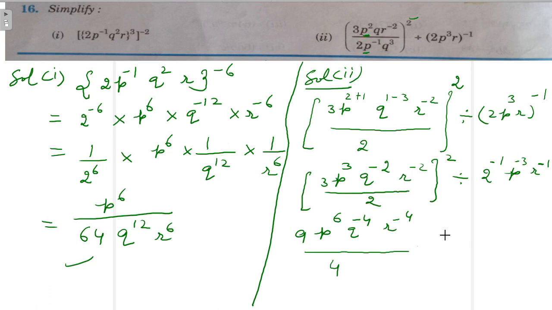So if I am to change this, divide with this, then it would become multiplied 1 upon 2 raised to power minus 1 and p raised to power minus 3, r raised to power minus 1.